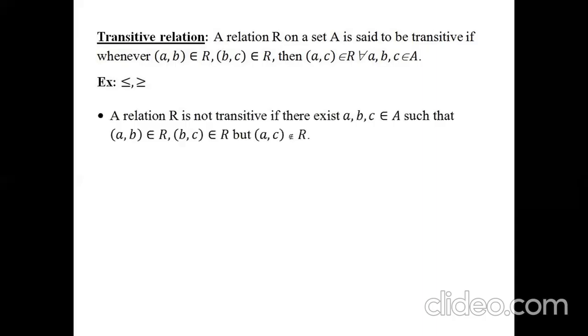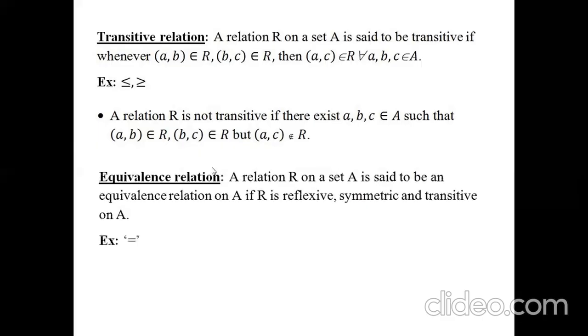So a relation R is not transitive if there exist A, B, C belonging to the set A such that (A, B) belongs to relation R, (B, C) belongs to relation R, but (A, C) does not belong to the relation R. So this is about transitive relation.